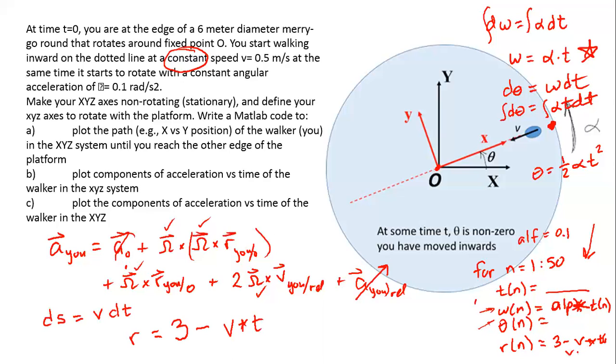This is going to be minus v times t. Sorry. I'm going to put it over here. So r of n is going to equal 3, which was our initial one. It'd actually be more clever if you did an r naught or something, and then you could define that up above. But for this case, we'll just do it like this.